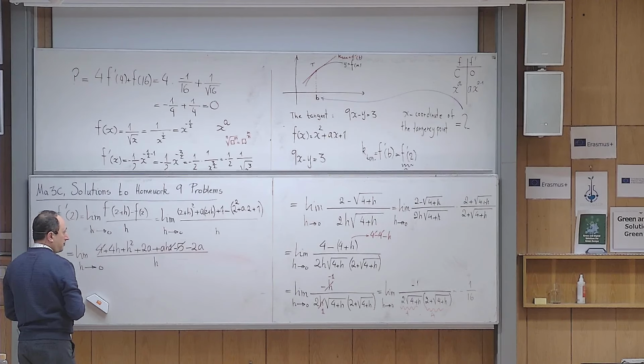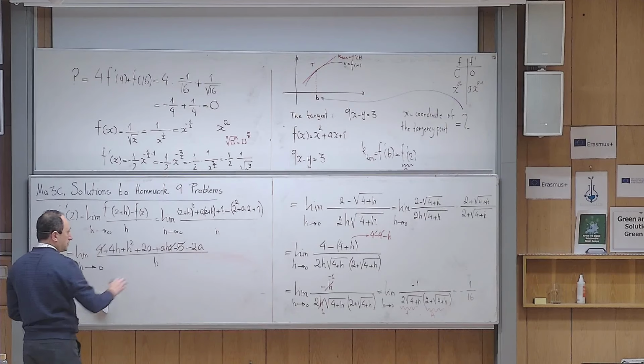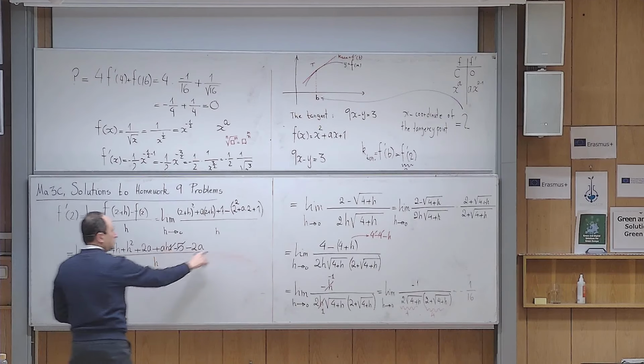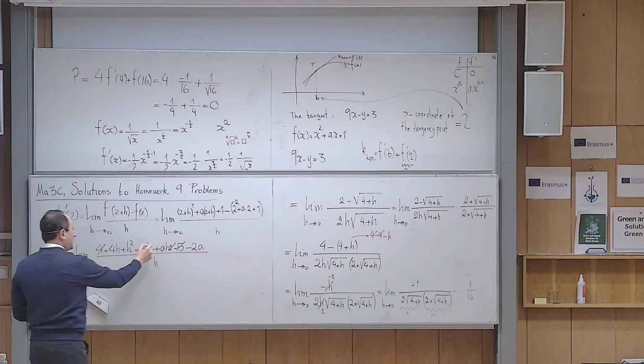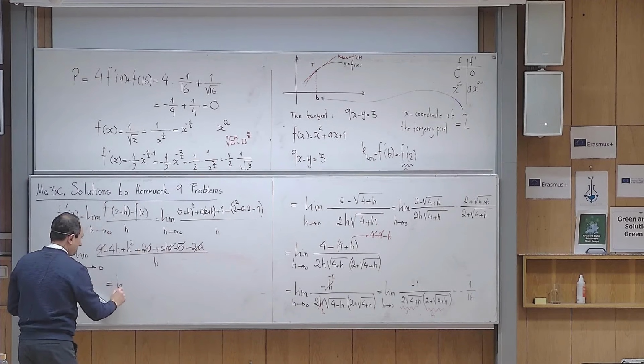You forgot 1 in the end. Yes, I put it here, in the very end. And then 2a and 2a are gone. What is left for me is just simply the limit of 4h plus h squared plus ah, divided by h.